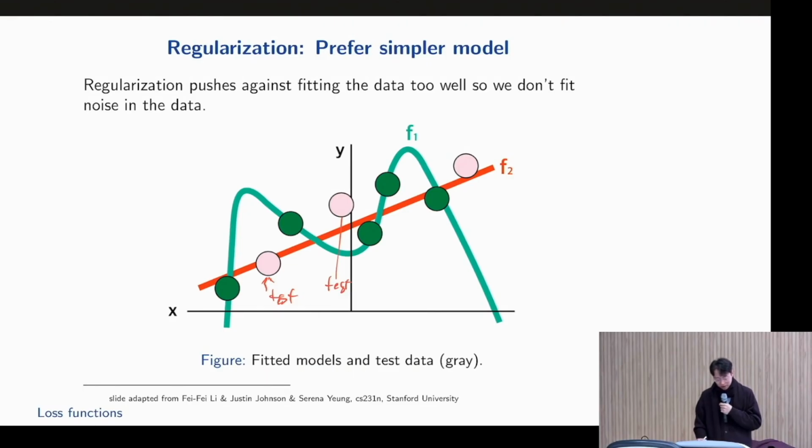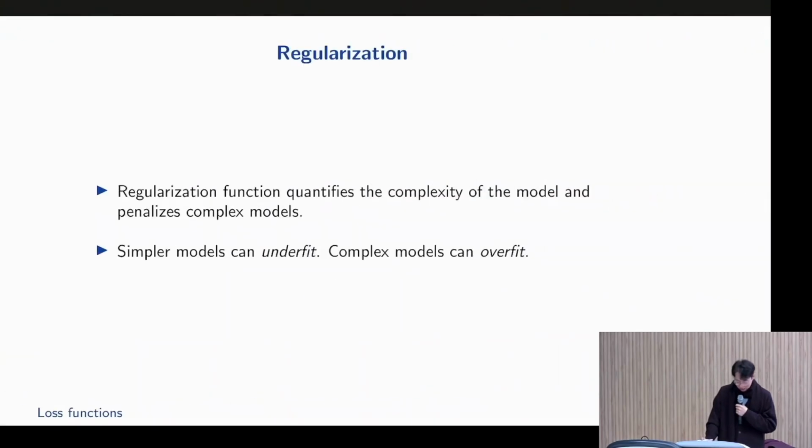If we use a very complicated model, then we're going to have very high deviation here. But if you use a simple model, then your deviation is going to be smaller, conceptually. So the regularization function quantifies the complexity of the model, and it penalizes complex models.